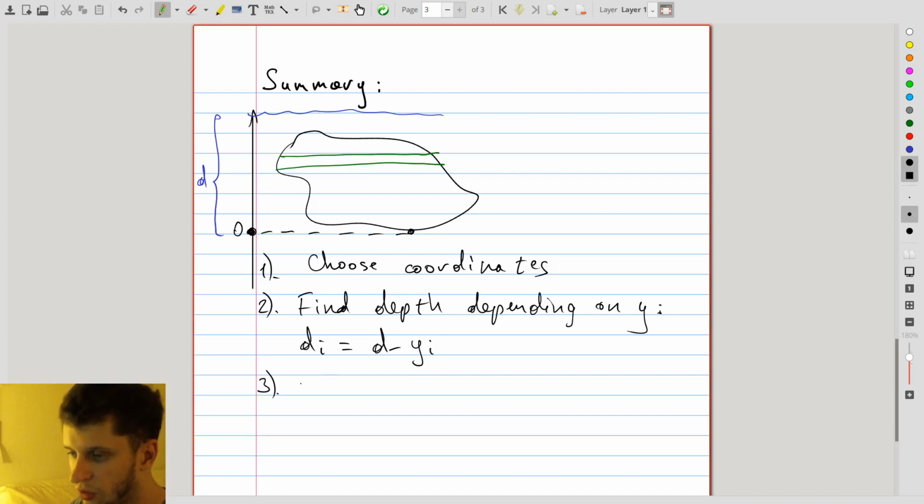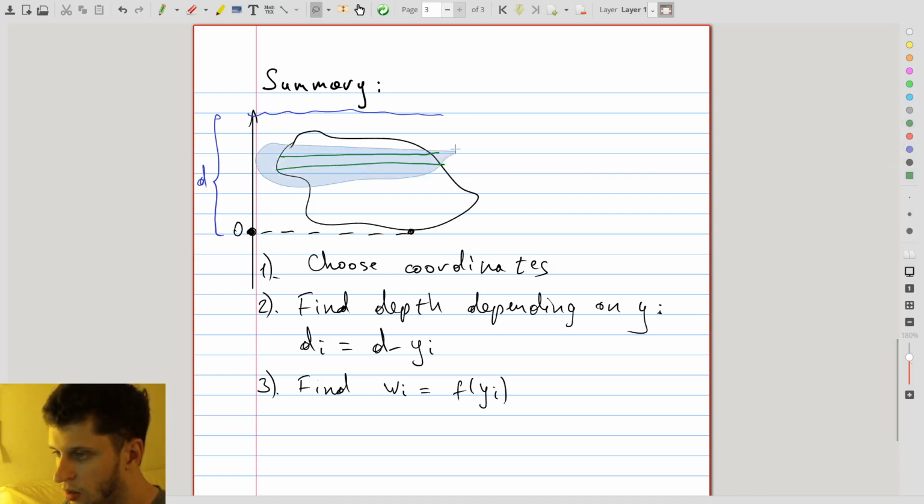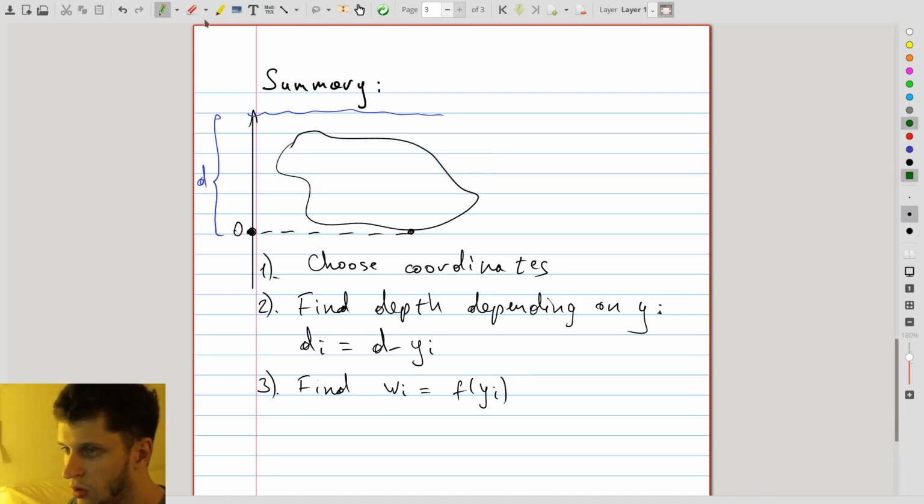Then you want to find width as a function of y. So you look at a thin strip like this. Suppose you have a strip like so.